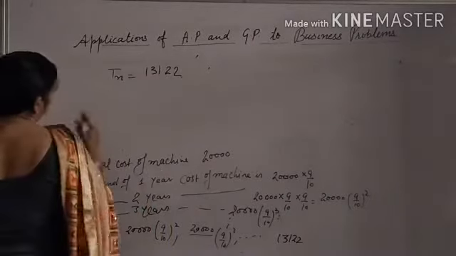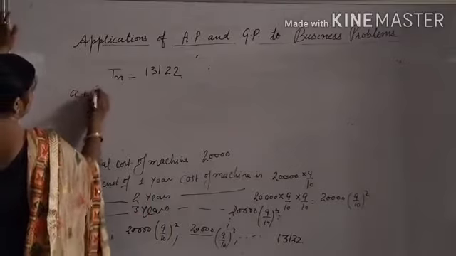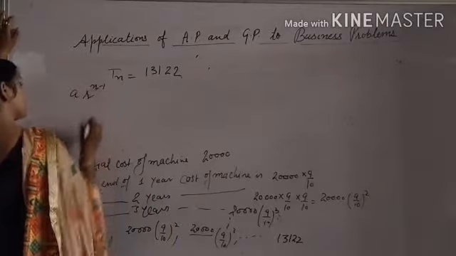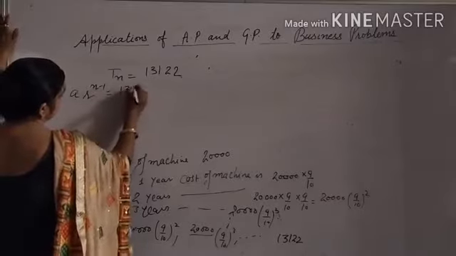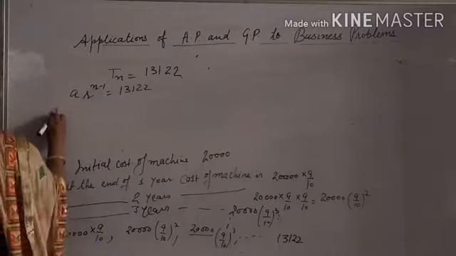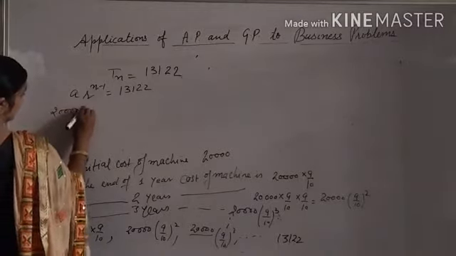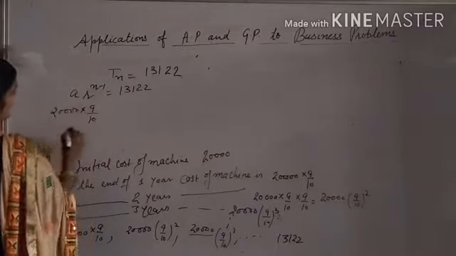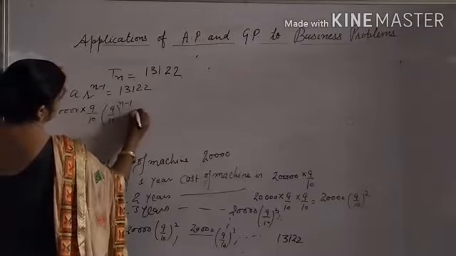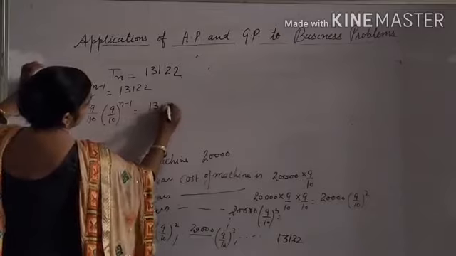So put the formula for Tn: it's A into R raised to the power n minus 1, and that is 13122. Now A is 20,000 into 9 by 10, and R is 9 by 10.